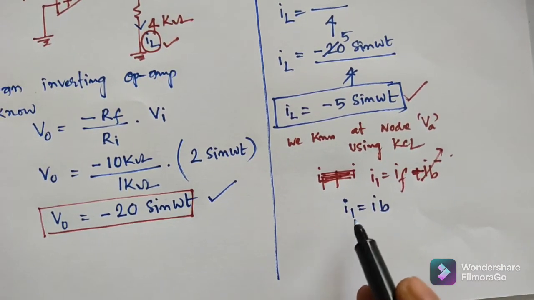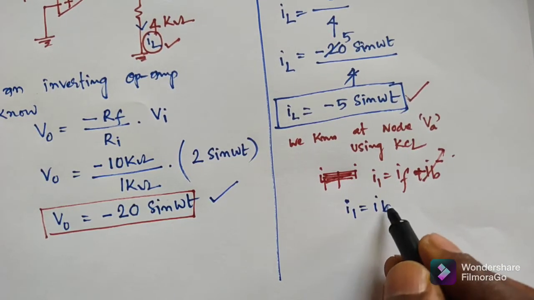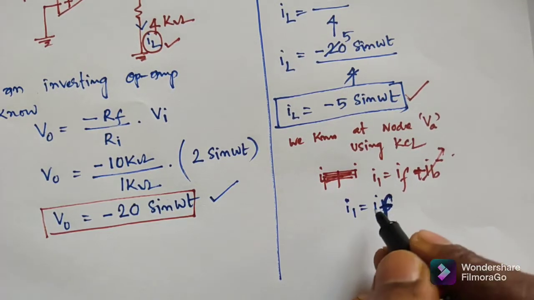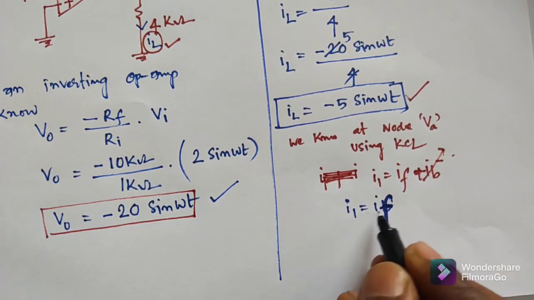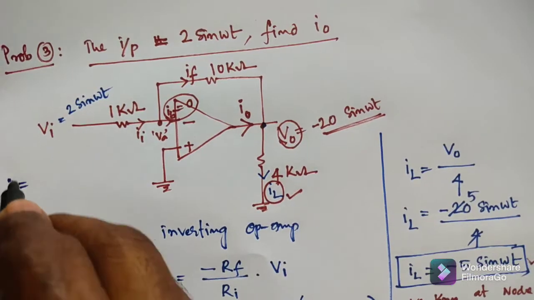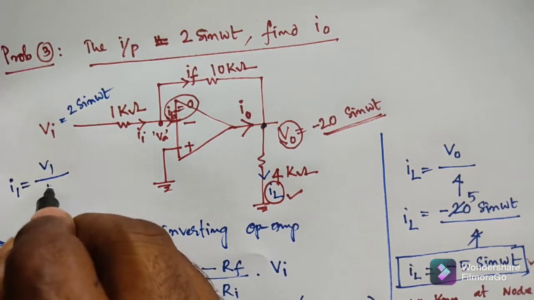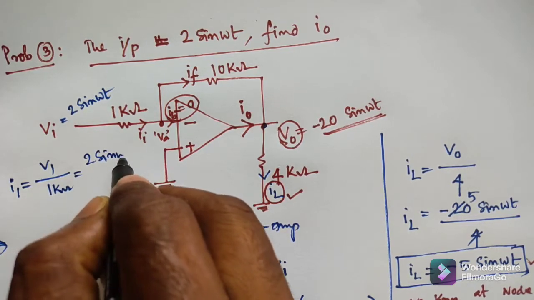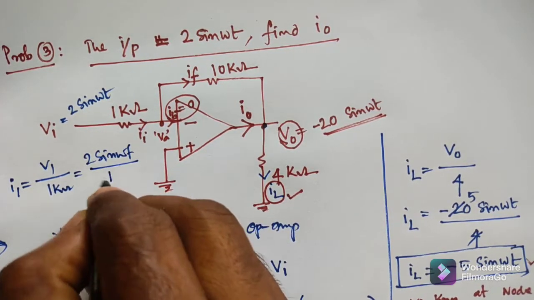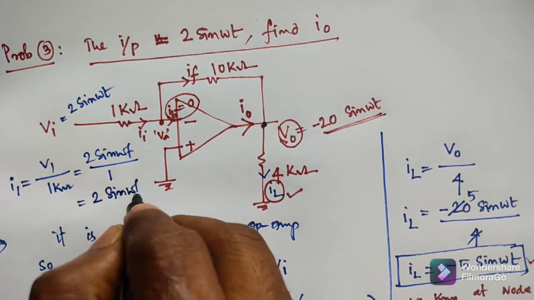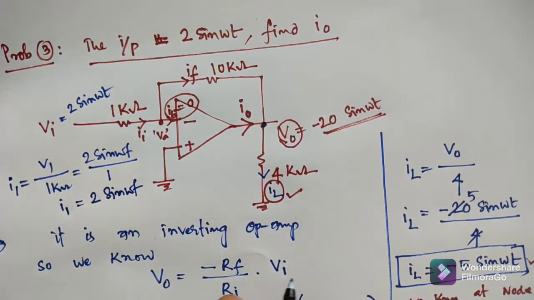So how can you calculate the I1 or IF value? That is the input voltage across the resistor. So I1 is equal to V1 by 1 kilo ohm. Finally, V1 is equal to 2 sine omega t by 1, that is 2 sine omega t, the actual I1 value.